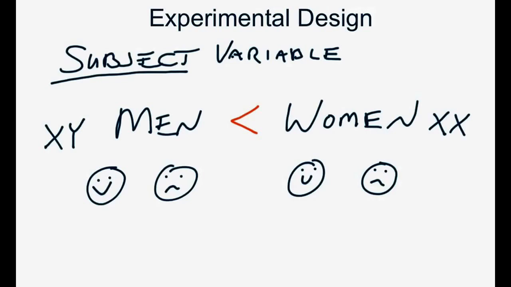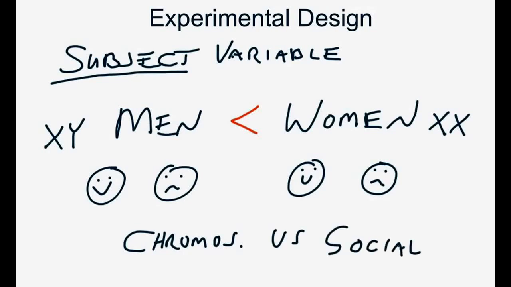Women, at least in our culture, tend to be raised to be more nurturing, more caring, more in tune to other people's emotions than men are. And so we have the chromosome possibility, and we have socialization as a possibility. Those are two different research hypotheses or explanations for any finding.